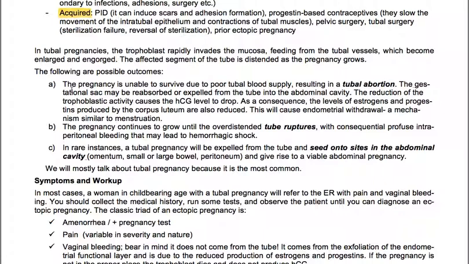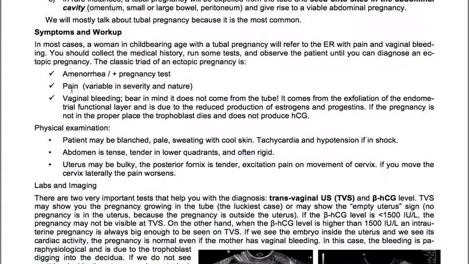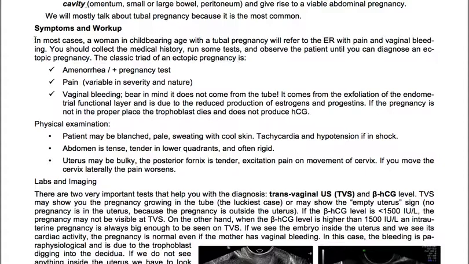So, symptoms and workup. In most cases, a woman of childbearing age with a tubal pregnancy will present to the ER with pain and vaginal bleeding. You should collect the medical history, run some tests, and observe the patient until you can diagnose an ectopic pregnancy.